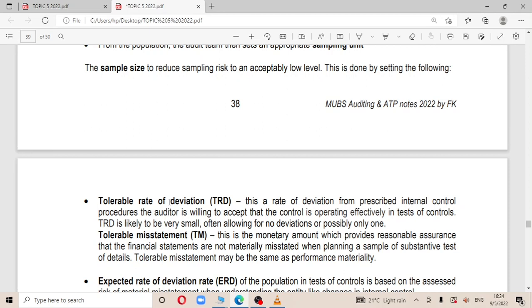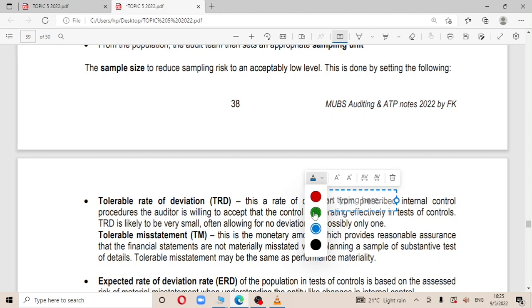If you find that they've deviated much from what you expected, you can increase your sample size. So how many you sample can depend on the tolerable rate of deviation, the deviation from the right things. If you find that they have deviated too much from what they're supposed to be doing, then you will increase your sample. But if the deviation is small, they're almost doing what they're supposed to be doing, then your sample size will be small.